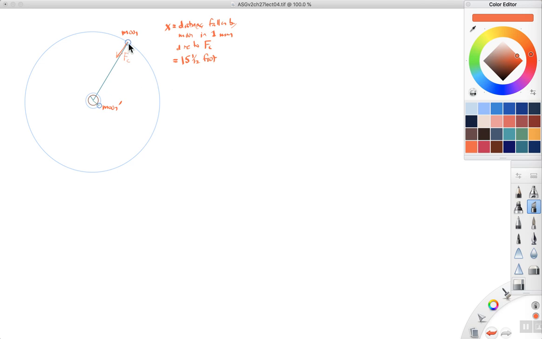Well, he argued that if the force holding it in orbit is a 1 over r squared kind of force, then being 60 times closer, it should be not 60 times stronger, but 3,600 times stronger, or 60 squared times stronger.